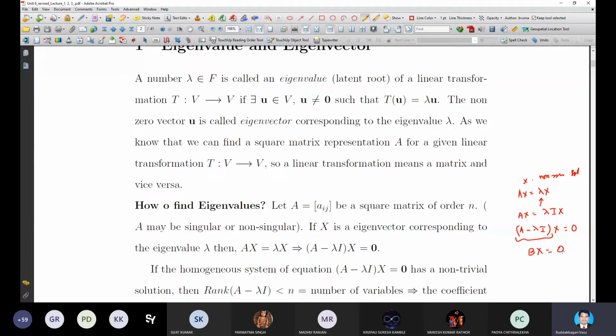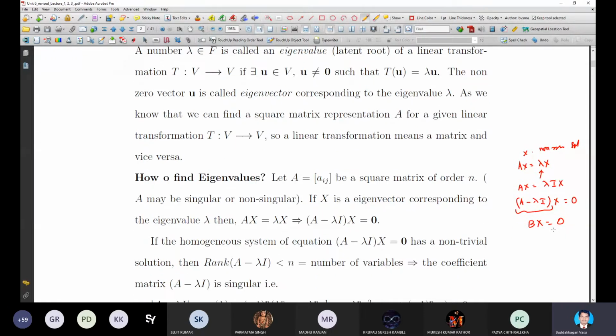So what is the nature of this system? Bx is equal to 0 means either it is a homogeneous system or a non-homogeneous system. Homogeneous, very good. It is a homogeneous system. It is always consistent because it always has a trivial solution. But we need x to be a non-zero solution, that means a non-trivial solution is needed.